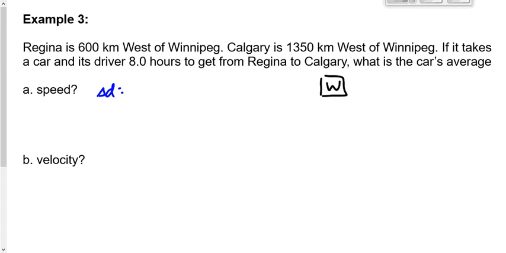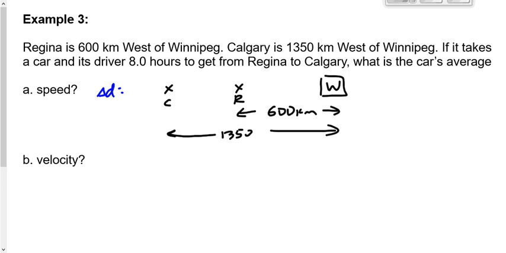Regina is 600 kilometers west of Winnipeg. Here's Calgary. Calgary is 1,350 kilometers west of Winnipeg. I went from Regina to Calgary. What's my distance traveled? 750 kilometers.